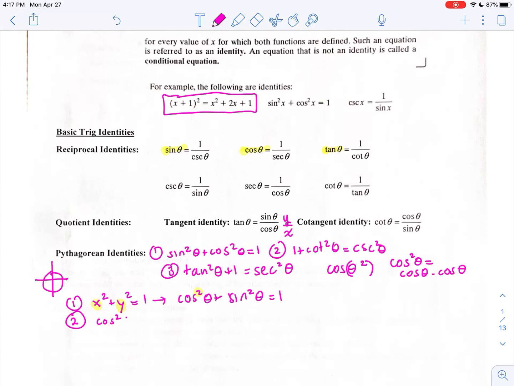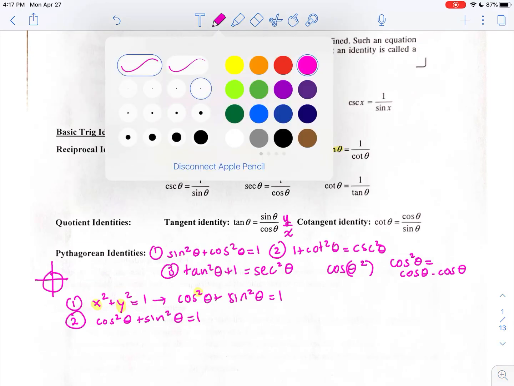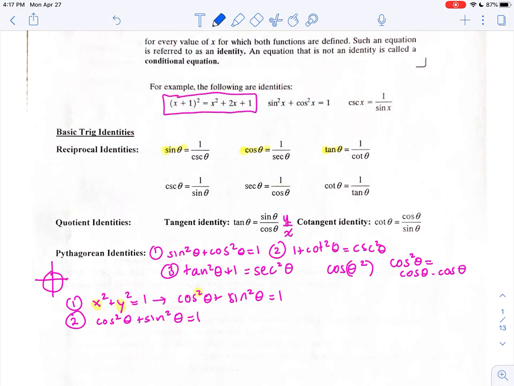Okay, so the second trig identity we can get from our first one. Let's say we had cosine squared of theta plus sine squared of theta equals 1. This is where we left off in the first one. We have a total of 3 terms, 2 on the left and 1 on the right. If I divide every single one of those terms by the same thing, that's mathematically correct. So I'm going to divide everything through by sine squared of theta.